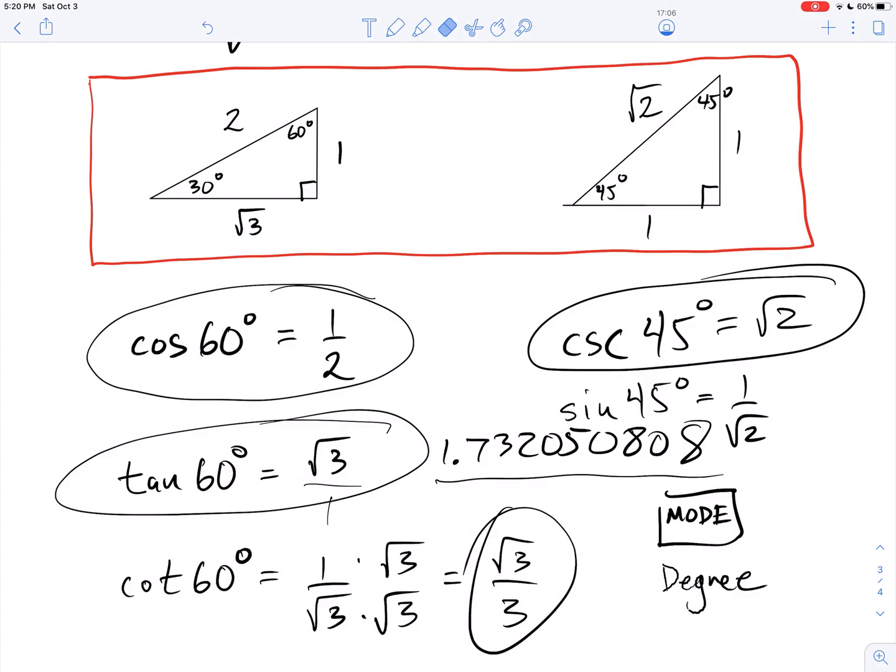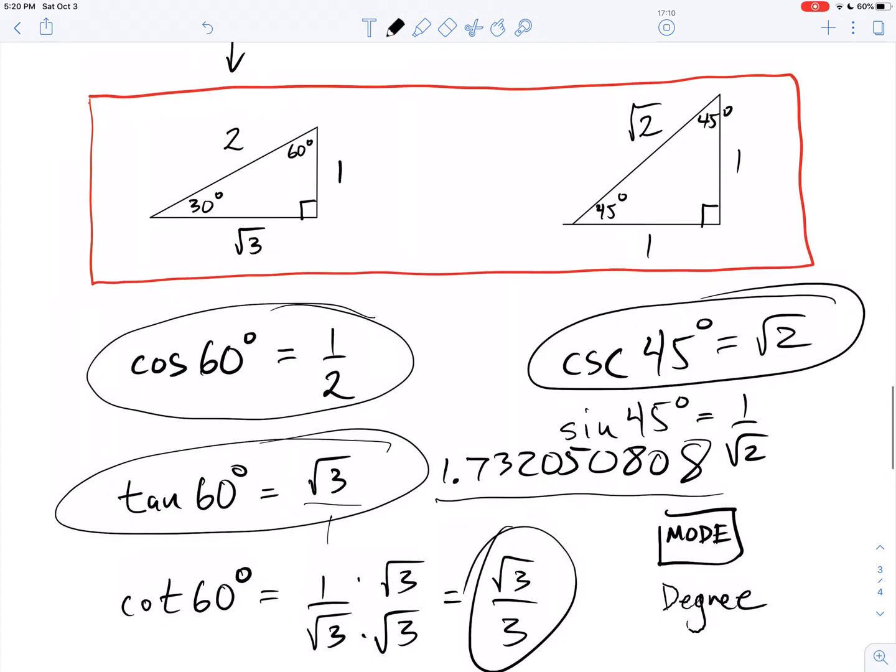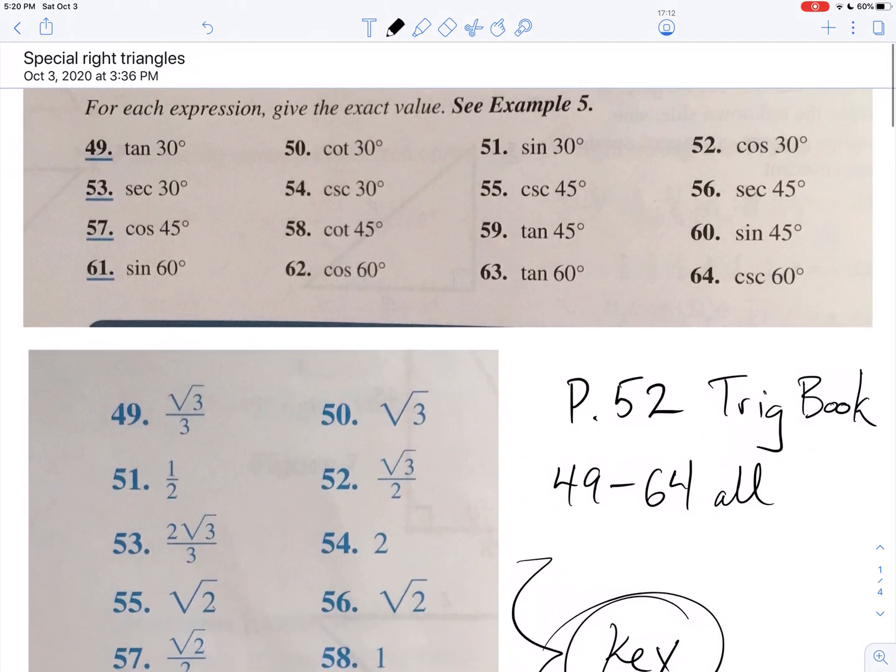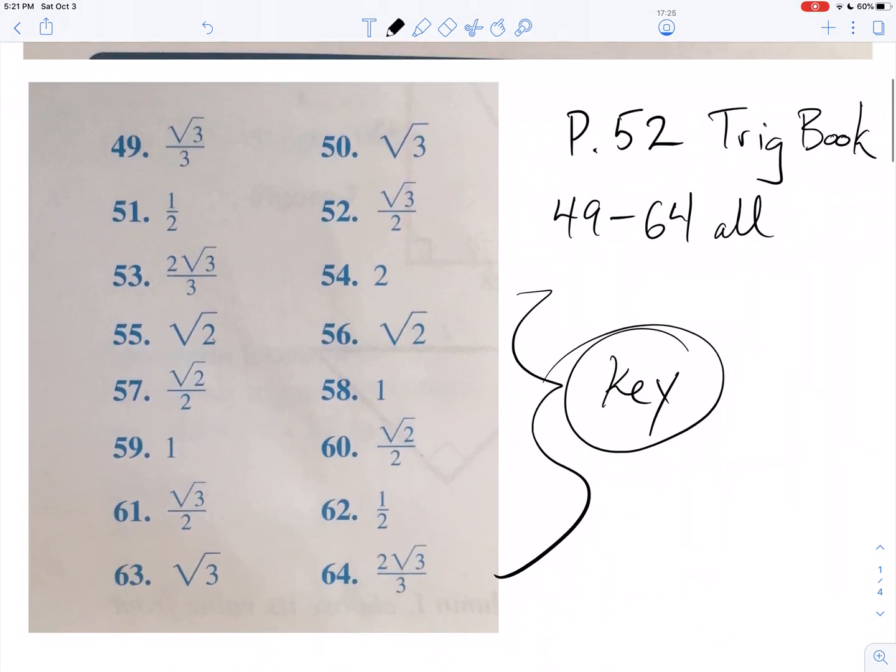Now, this is the assignment. Look it up here. See, the name of this lesson is Special Right Triangles. It says for each expression, give the exact value. Exact value is never a decimal. Here's the answer key, by the way. Look at it. Do you see one decimal there? I do not. I do see a whole number. I see a 2 here.